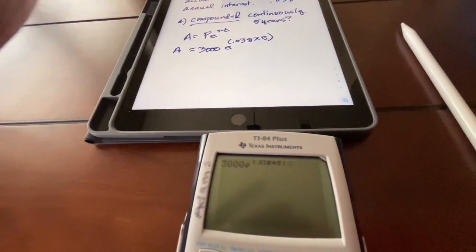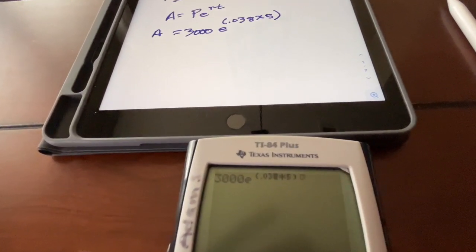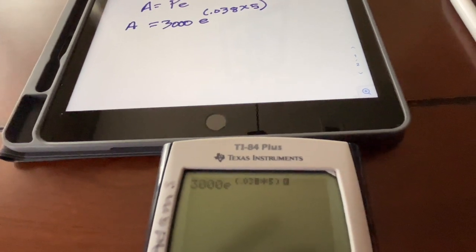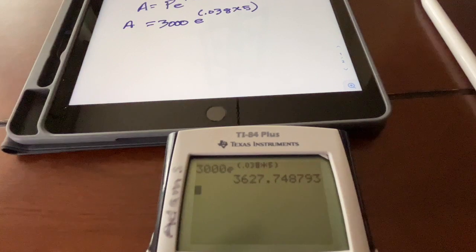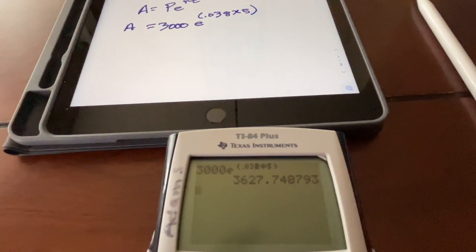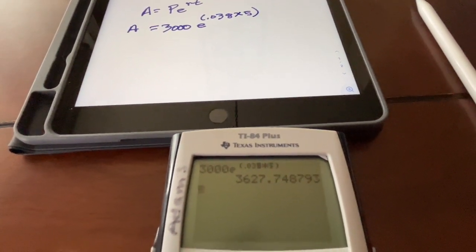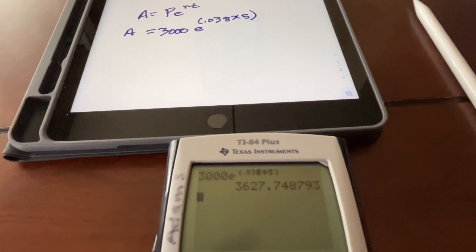All right, so let's zoom in there just a little bit. There you go. So it looks like that. If I hit enter, I can see that it's going to be $3,627 and about 75 cents, rounded to the nearest cent.